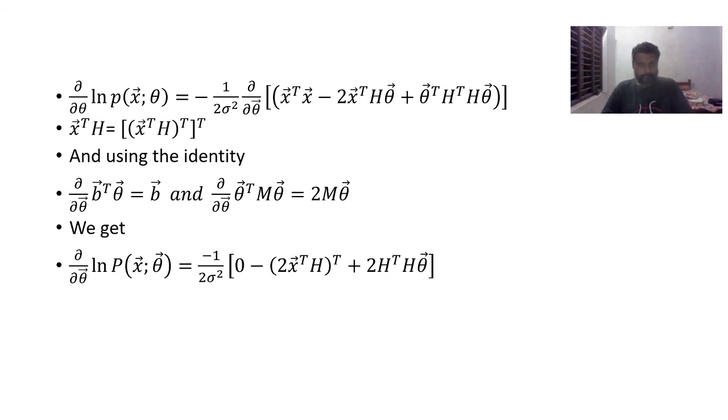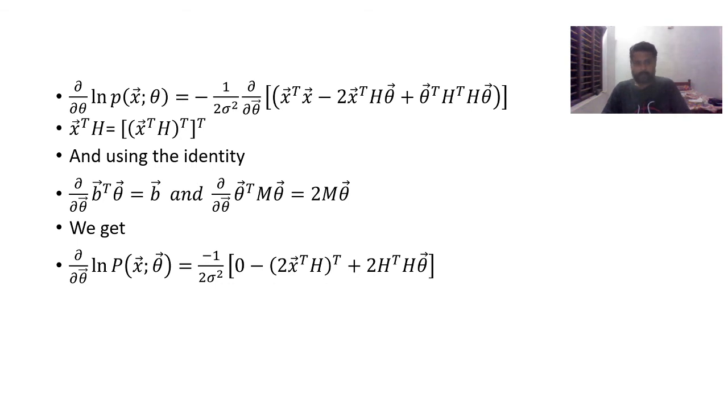And 2 x transpose h, dou by dou theta with respect to theta. It is clear, is it not? No mistake now. Minus 2 x transpose h, okay, this is clear.